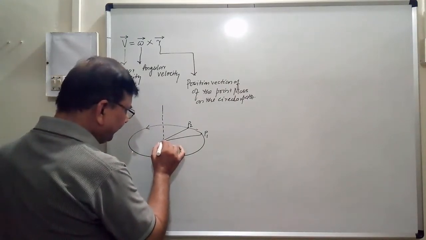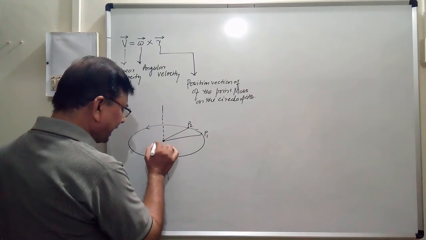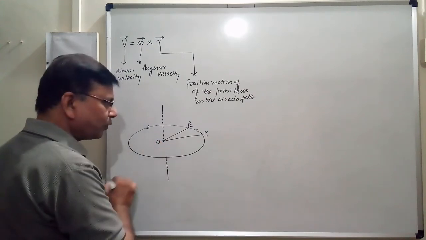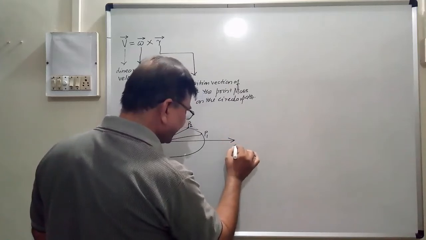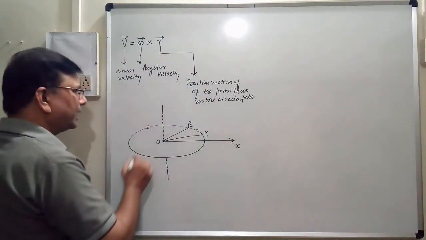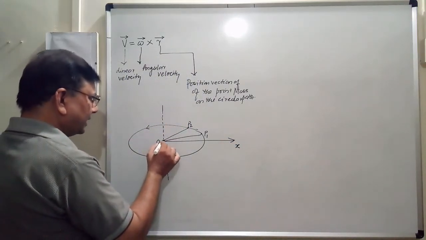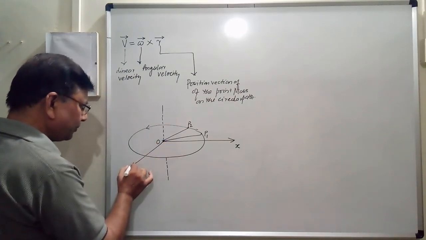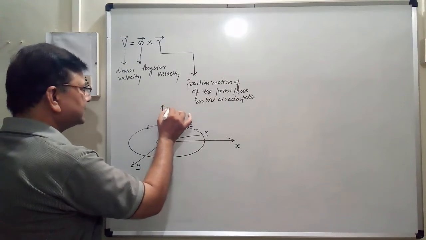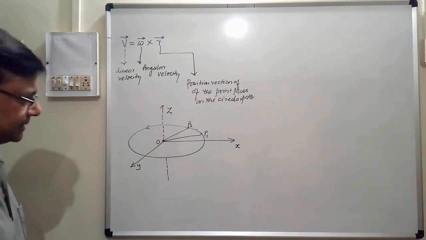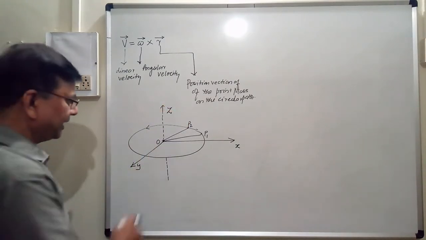Now, if we consider this point as the origin of the coordinate system, suppose this is the x-axis, and this is the y-axis, and this is the z-axis. This is the coordinate system I have made, okay?